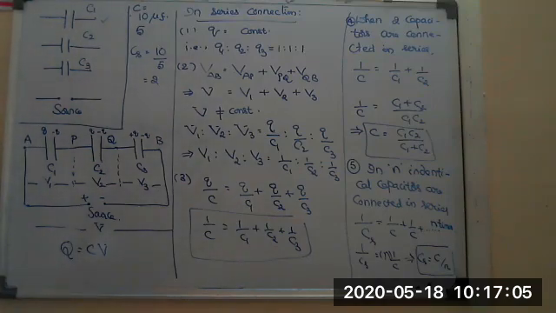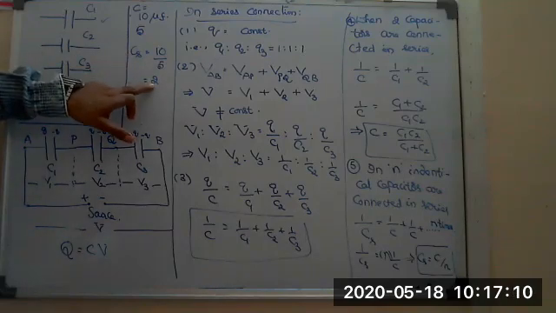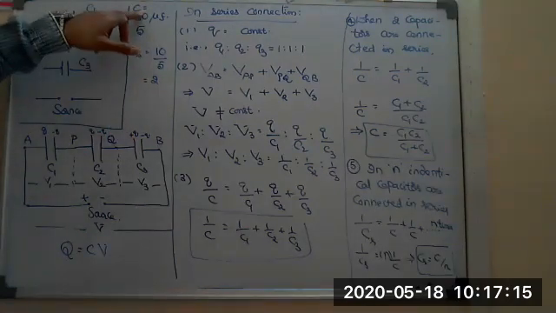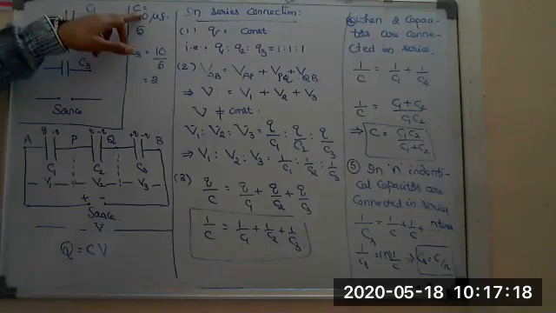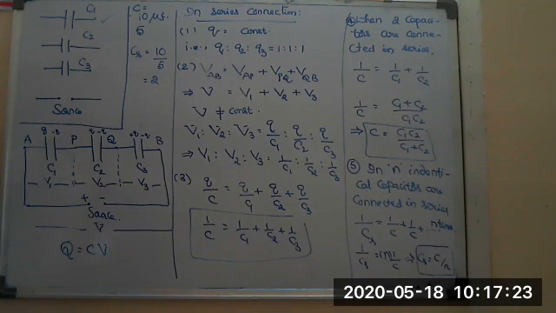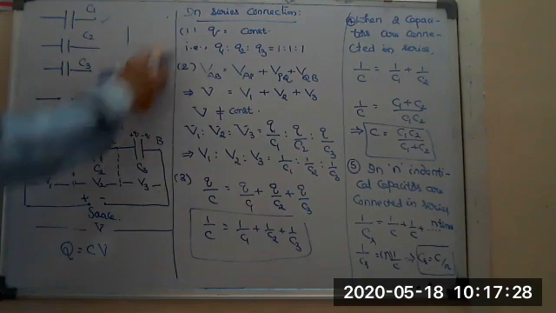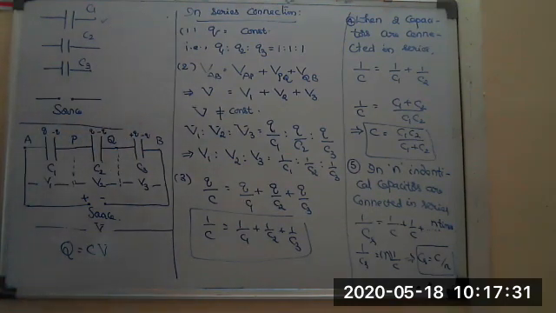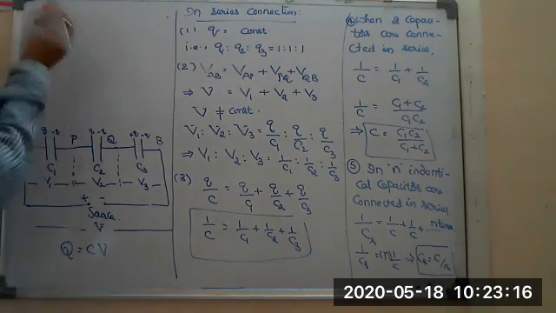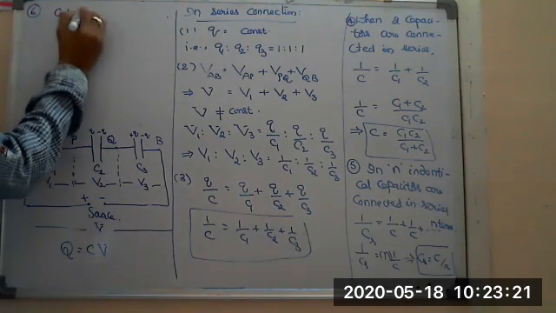Look, after connecting them in series, the effective capacity is always less than the given individual capacity. That will be the 6th point. Later we write it here. First, you can take the points for the series connection. What I am saying is, if C1 is not equal to C2 is not equal to C3.